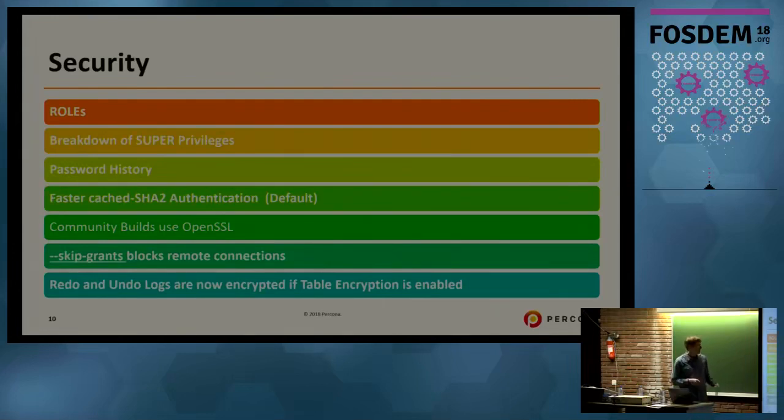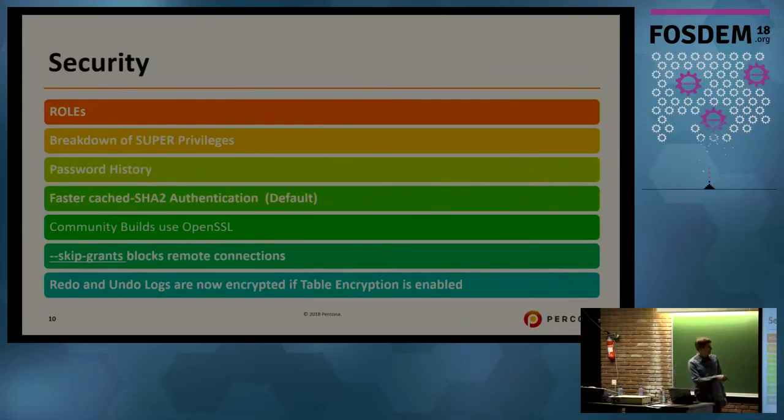Authentication, in this case, has become much more secure with SHA-2 authentication, which actually uses many rounds of SHA-2, right, for password hashes to make brute force attacks much more complicated.